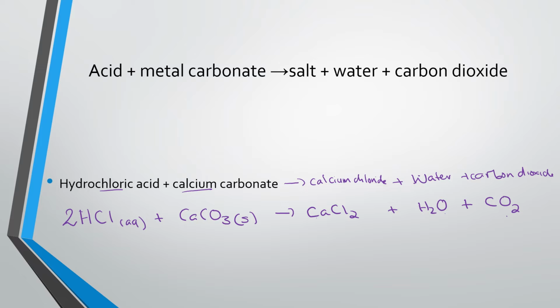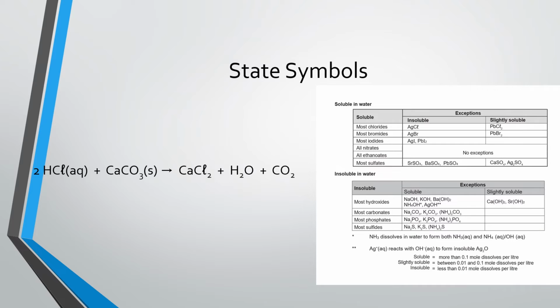Next, we're going to be looking at our state symbols. So, calcium chloride. The chlorides are here in the soluble in water table, and you can see that calcium is not an exception, so it is aqueous. Water is a liquid and carbon dioxide is a gas.